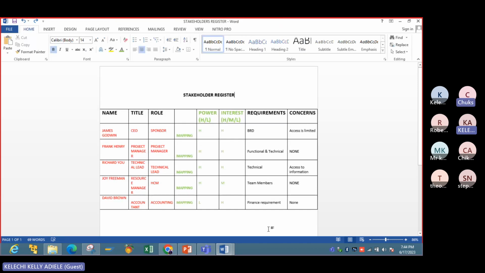We are able to sort their name, their roles, and requirements.